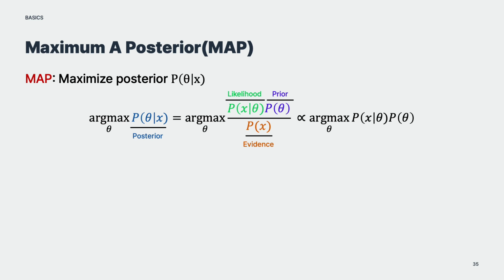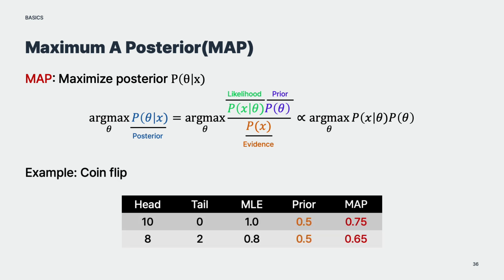And the denominator p of x, known as the evidence, which is constant with respect to theta and thus ignored during optimization. Returning to the coin flipping example, when we incorporate our prior belief, the parameter can be estimated using MAP, which yields the following result.